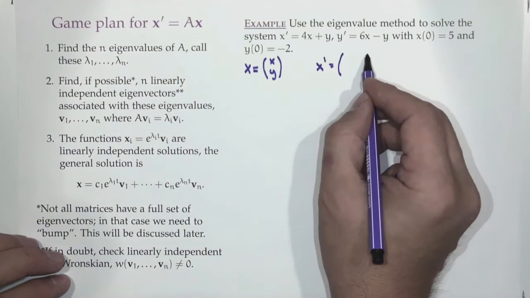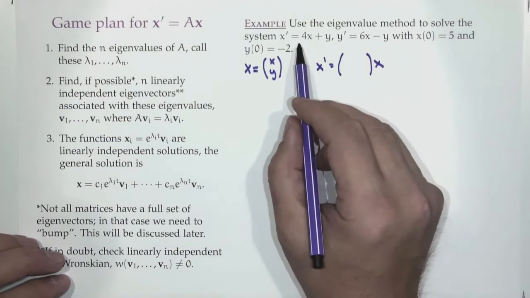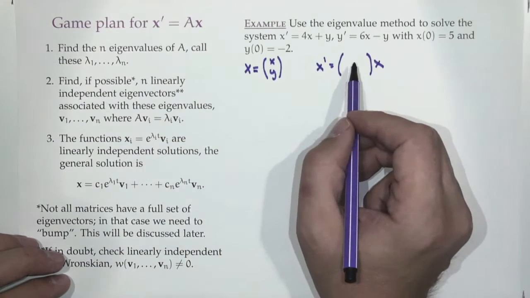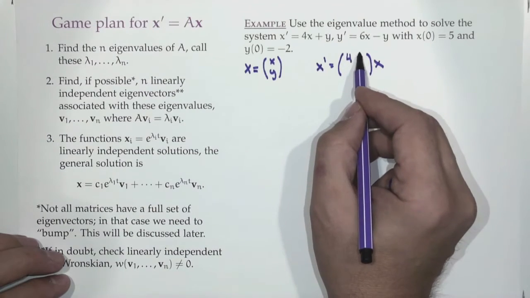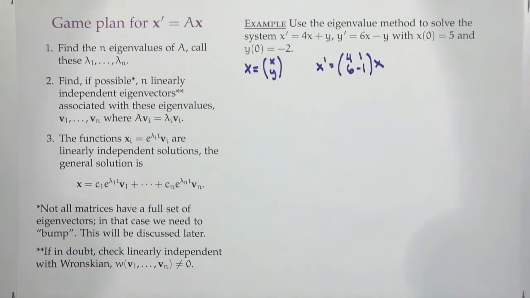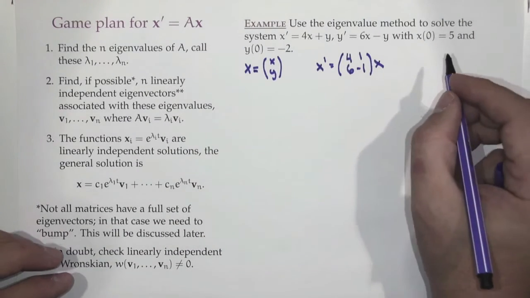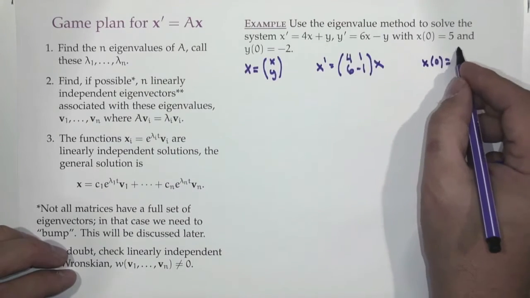is the coefficients times x. So what are the coefficients that will go in? 4, 1, 6, negative 1. What is our initial condition? X of 0, it will become a vector.